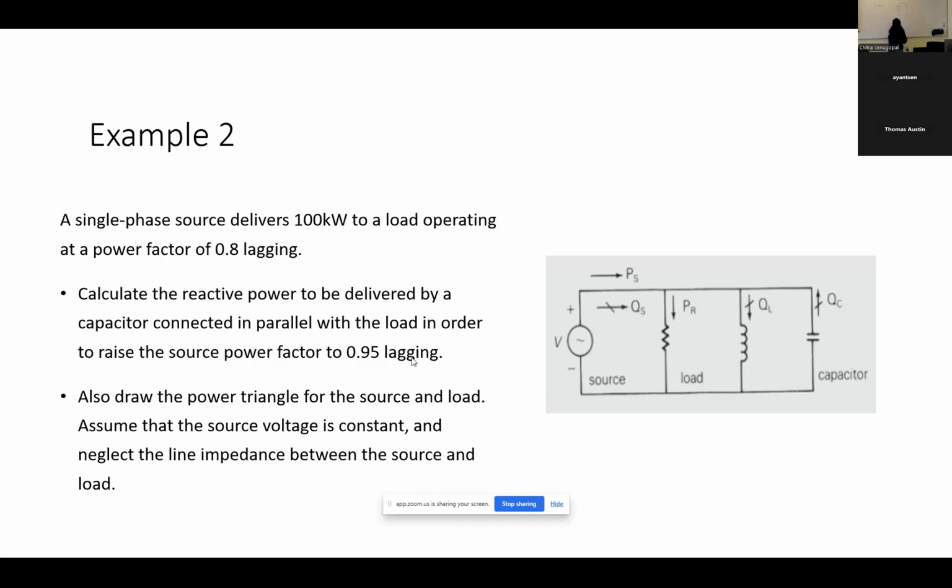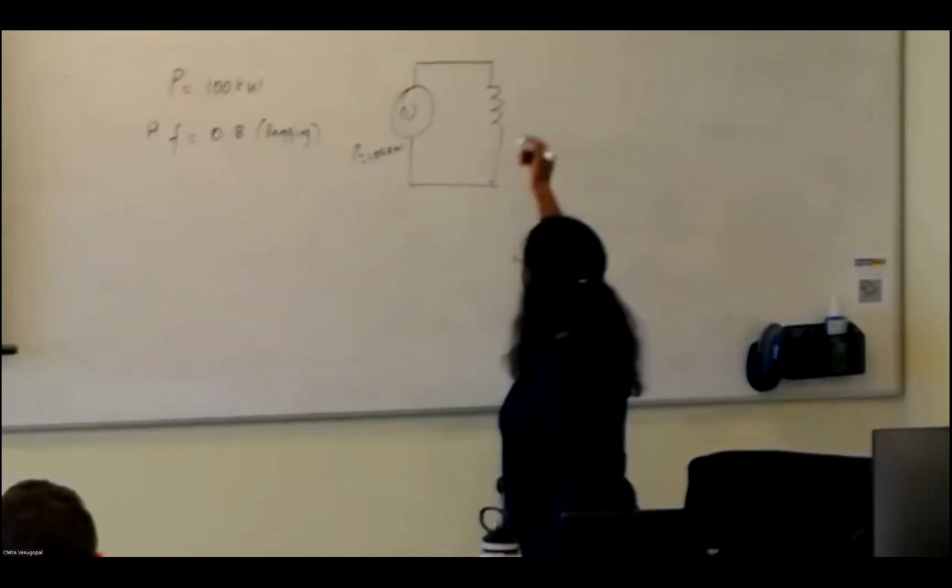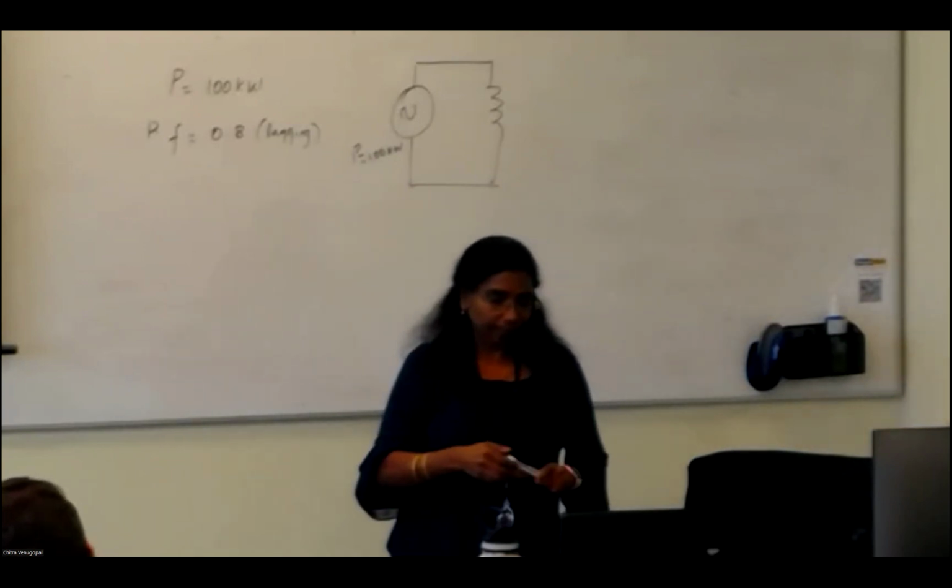Okay. So this is P equal to 100 kW with power factor given as 0.8 lagging. So that's why I put here inductive load. So in order to raise the power factor, we have to add capacitive load. Okay, so we are adding it with the capacitor.